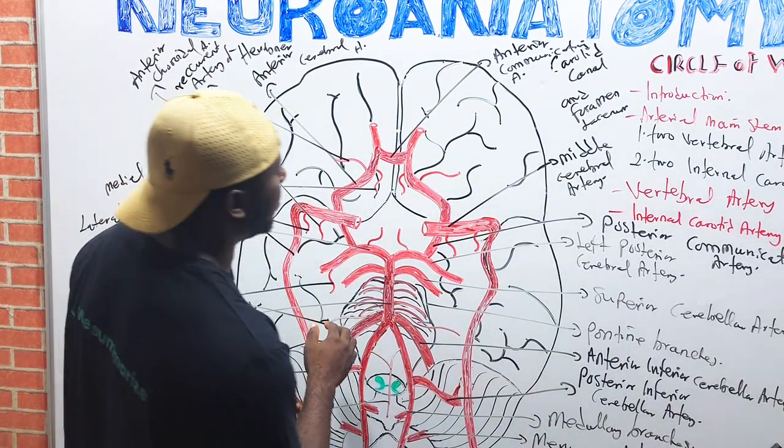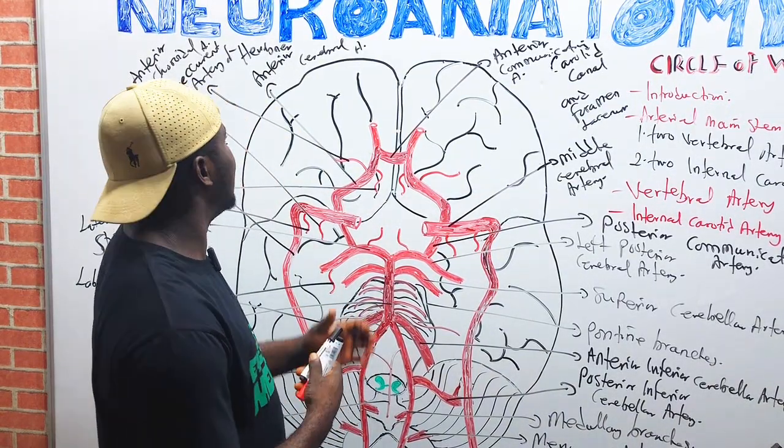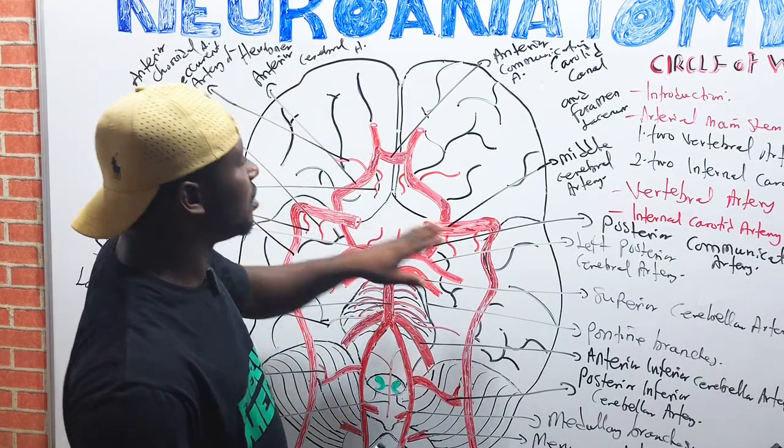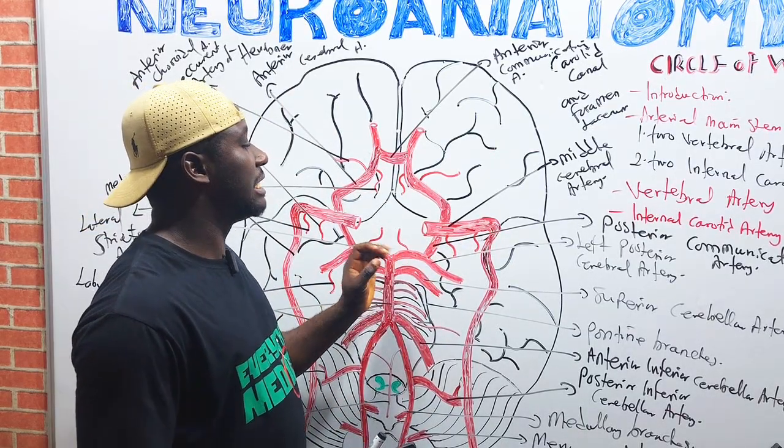So these are the branches that the anterior cerebral artery and the middle cerebral artery give off as they form the circulus arteriosus.